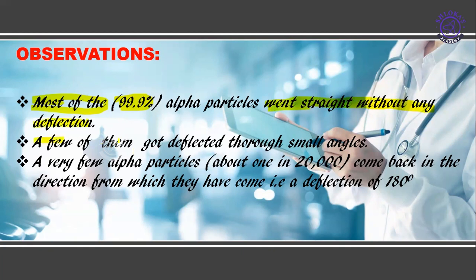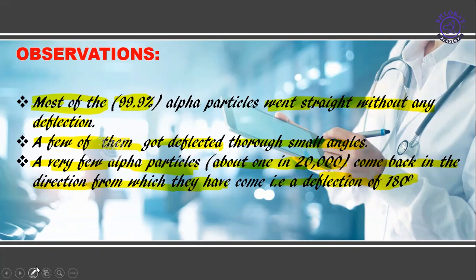A few of them, very few of them, got deflected through small angles. That is the second observation. Third observation, very few alpha particles, about 1 in 20,000, come back in the direction from which they have come, that is, their original path. They got deflected through an angle of 180 degrees. These are the three observations made by Rutherford.